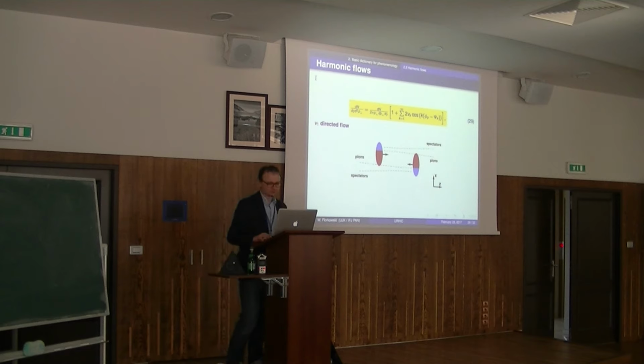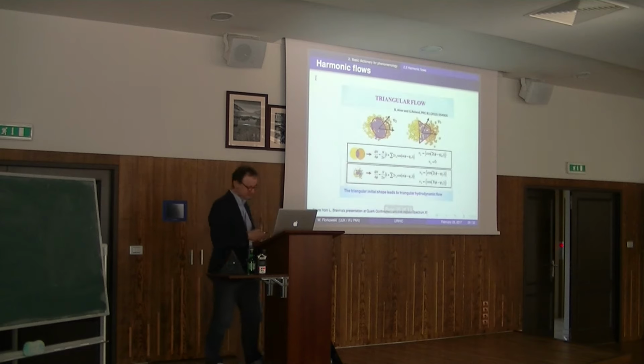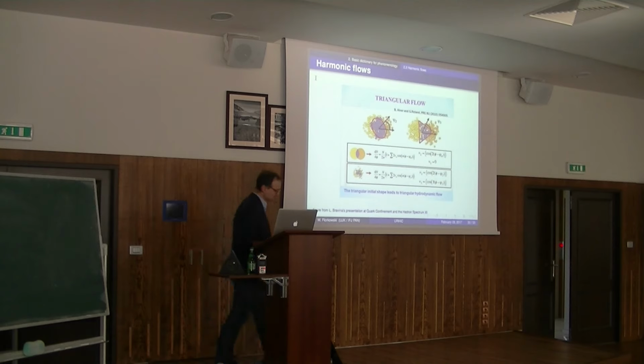So what's really interesting and kind of breaking is the realization that you can have fluctuations of these initial conditions, and then you can have also other forms of flow.